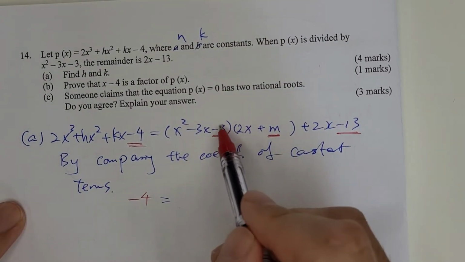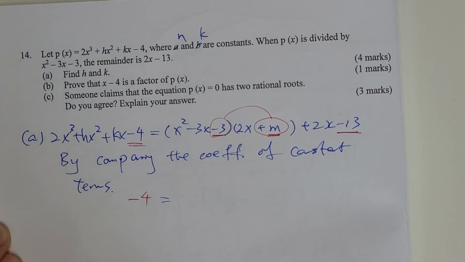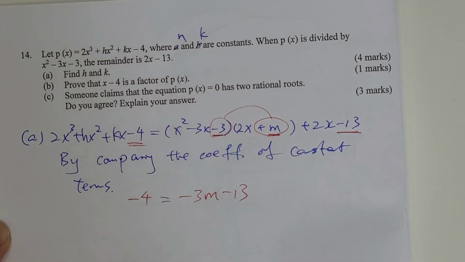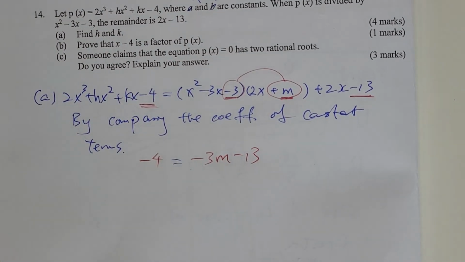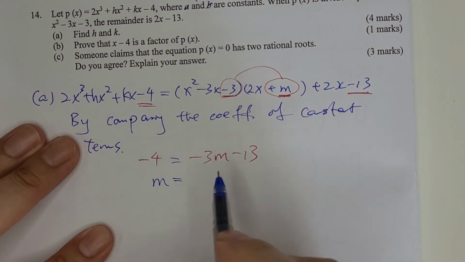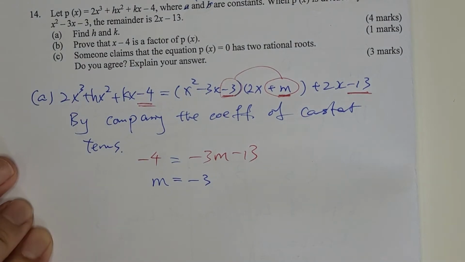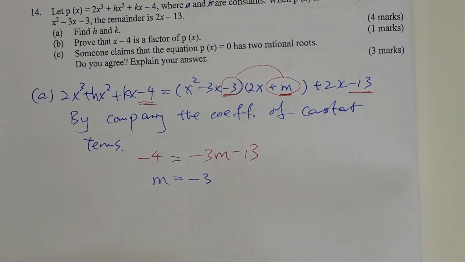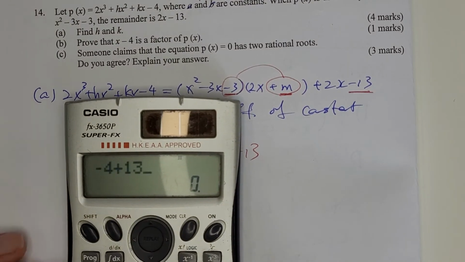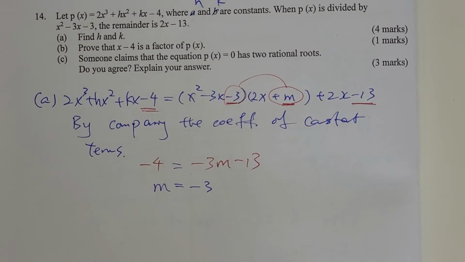I repeat, -3 times m minus 13. That's the way you get the constant term, right? So you can set up the equation like this, and hence you will get m equals -3, from (-4 plus 13) divided by -3. So m is -3.